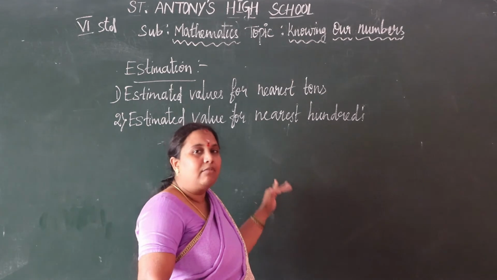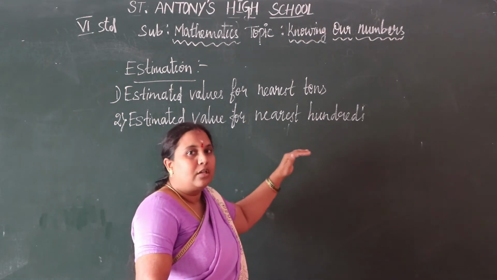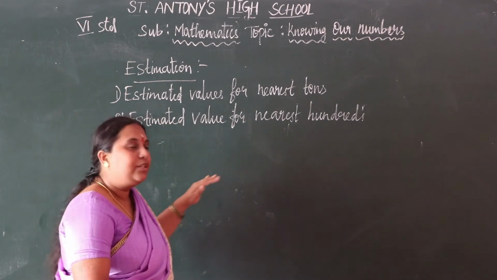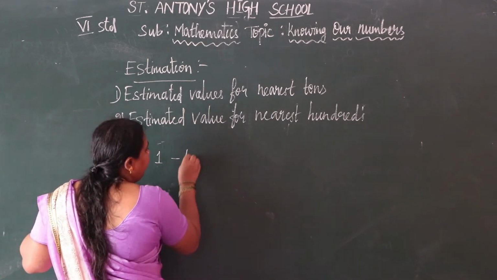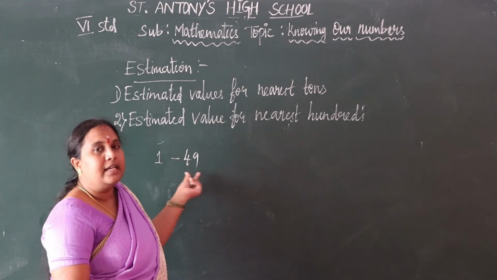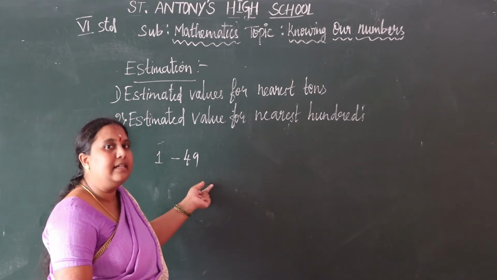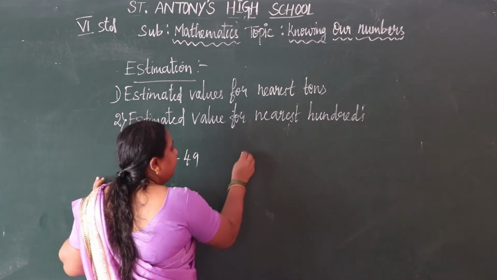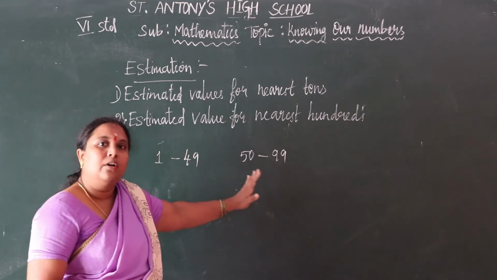Here also the same two rules apply for rounding off to the nearest hundreds. We should take 1 to 49. The numbers from 1 to 49 are nearest to 0, and the numbers 50 to 99 are nearest to 100.